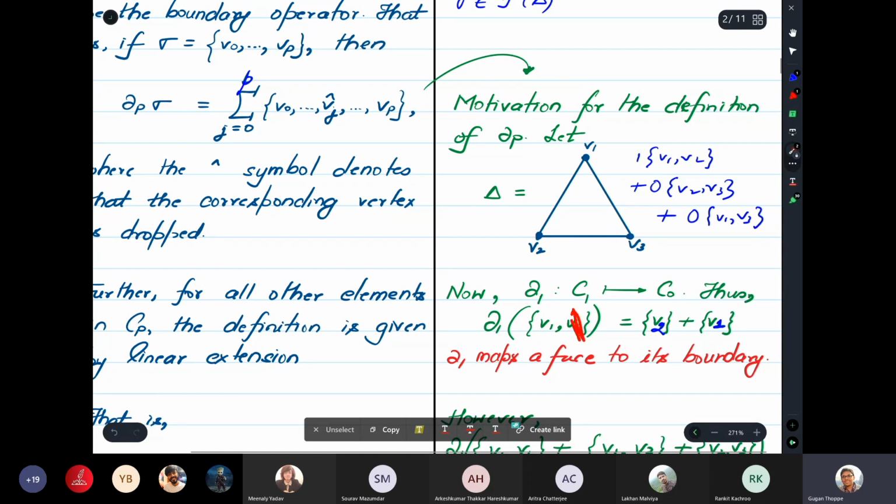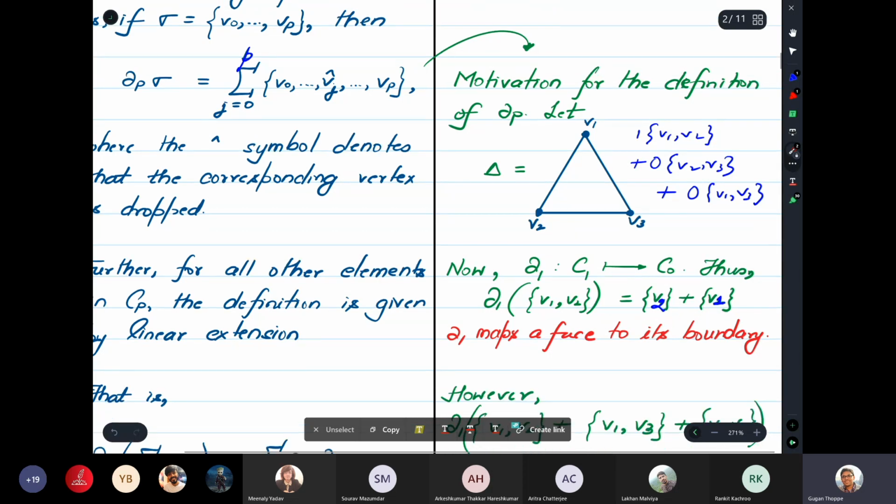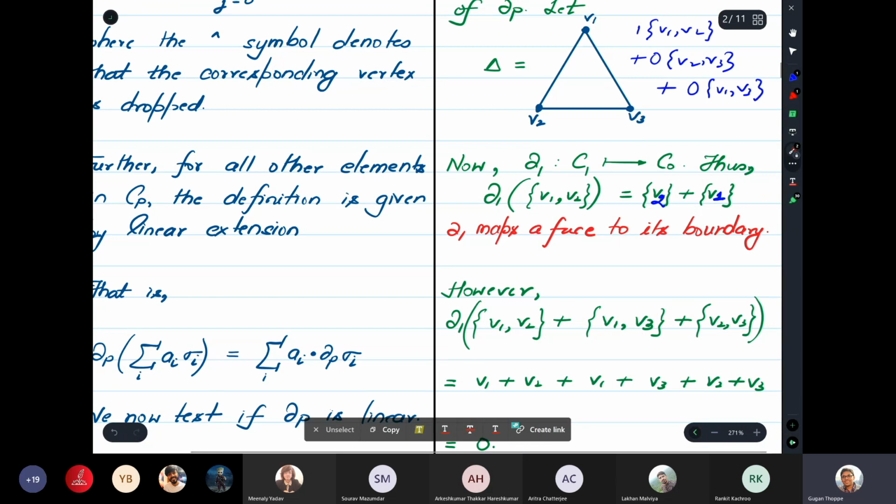Next I drop this vertex, and I'll be left with only V1. So this is V2 plus V1, and you can interpret this as 1 V1 plus 1 V2 plus 0 V3.